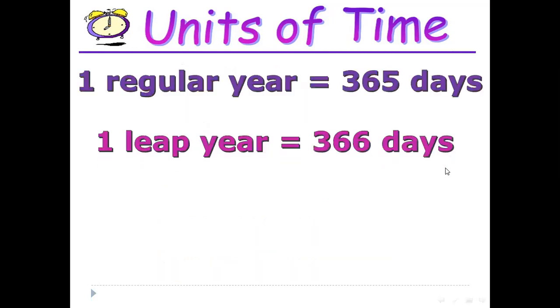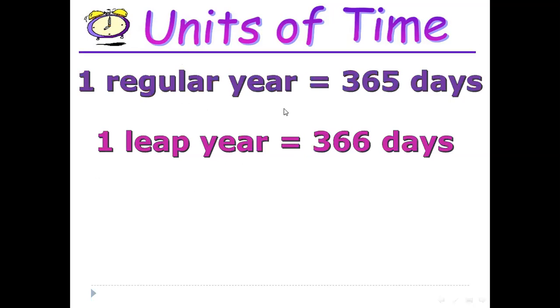And you should also know that in the regular year, the normal year that we live, there are 365 days. But there are some years that are leap years. In the leap years, there are 366 days. Do you know why there are 366 days in the leap year? Because in the leap year, the month of February has 29 days.